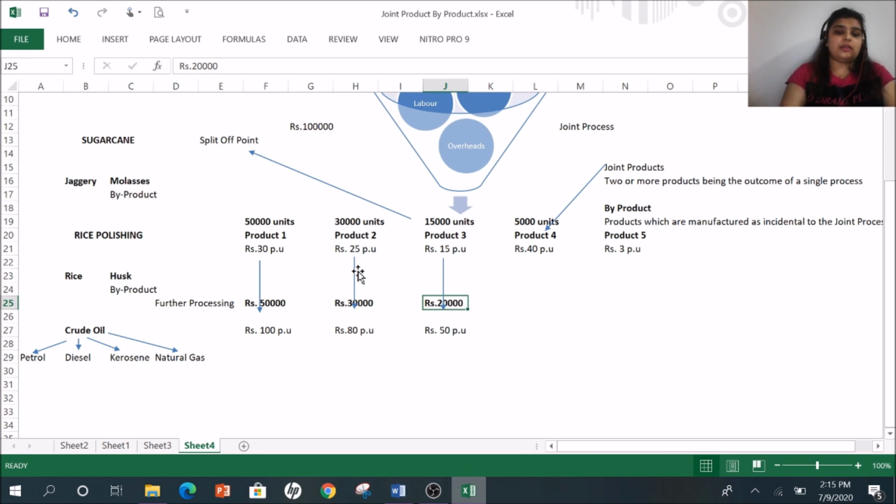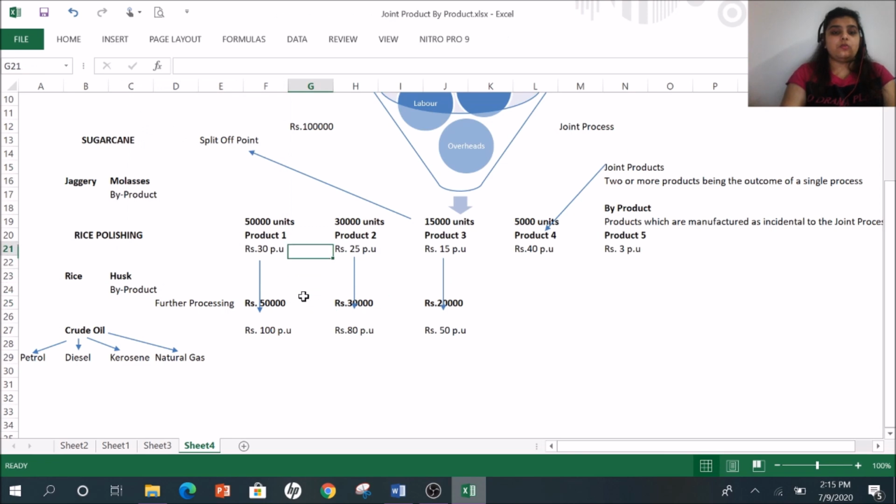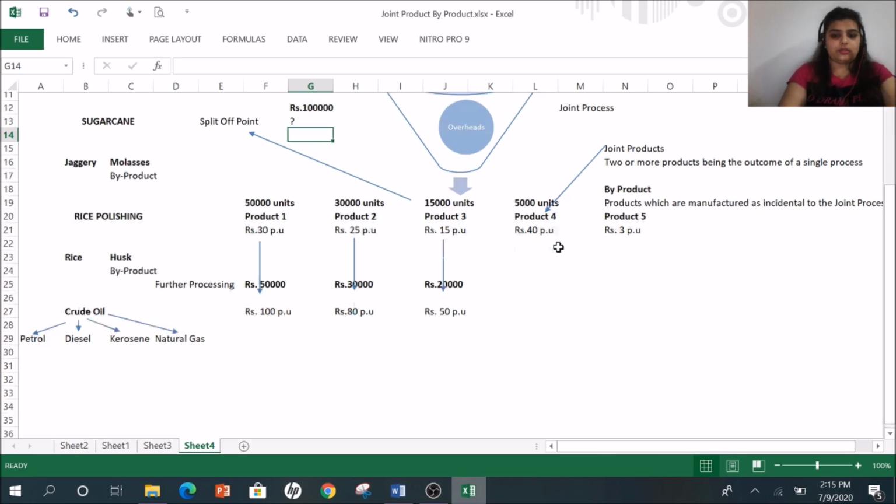But the question is, who will bear this 1 lakh rupees? This 1 lakh rupees we have incurred to get all the 4 products. So obviously all the four products will have to bear this cost. In this chapter we are going to learn on what basis we are going to distribute this cost.